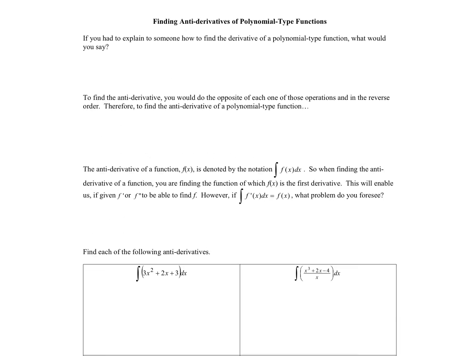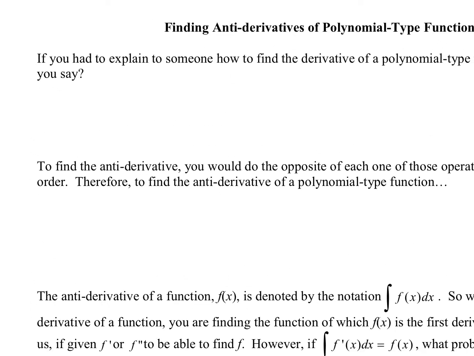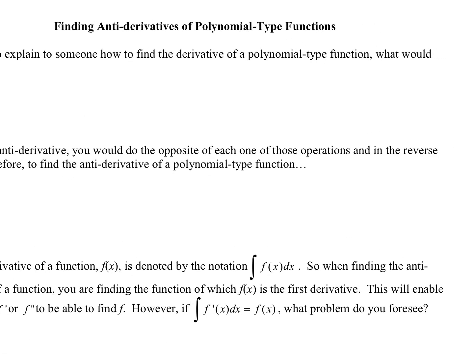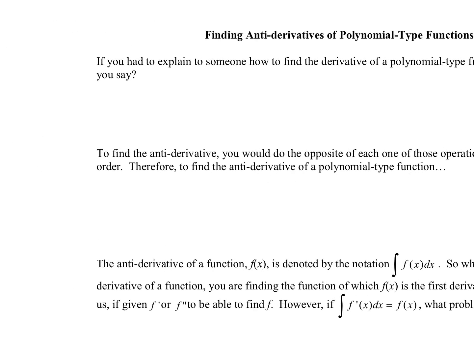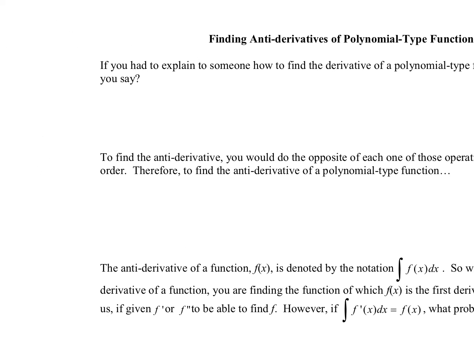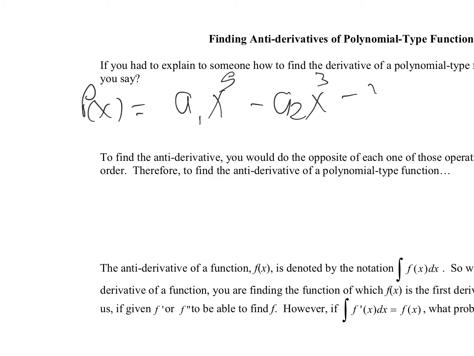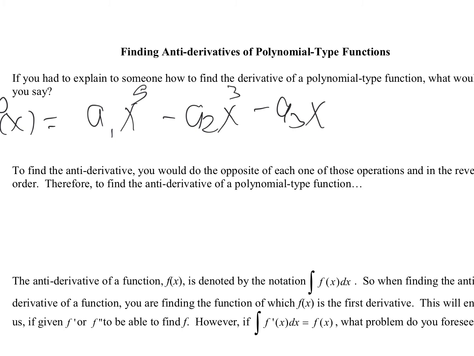All right, let's get started. If you had to explain to someone how to find the derivative of a polynomial type function, what would you say? Polynomial. In other words, p of x equals some constant a1 times x to the 5th, minus a different constant a2 times x to the 3rd, minus another constant a3 times x to the 1st, and then maybe plus just another constant a4.